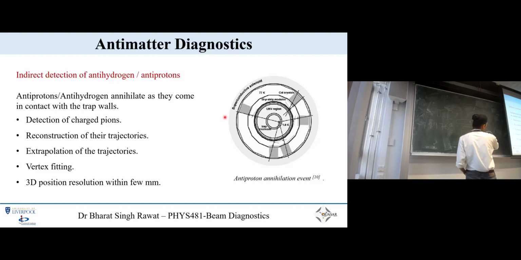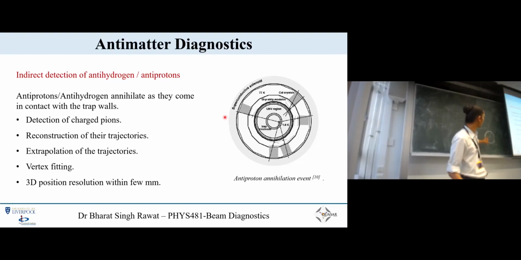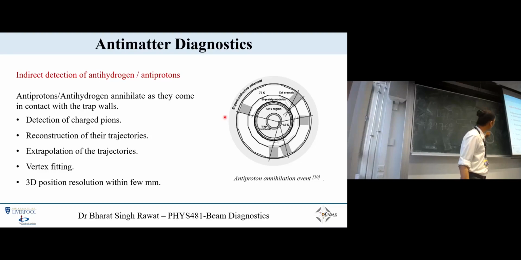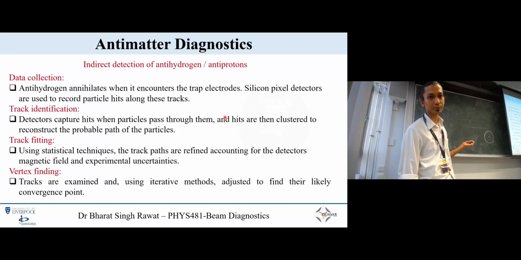Depending upon the energy of annihilation, particles are released at a certain angle. We know the math: what angle, what particle and what energy it should come out with. And since it has different layers, we know the timing at which it crosses each layer. With these we can reconstruct and know where the particle was formed.